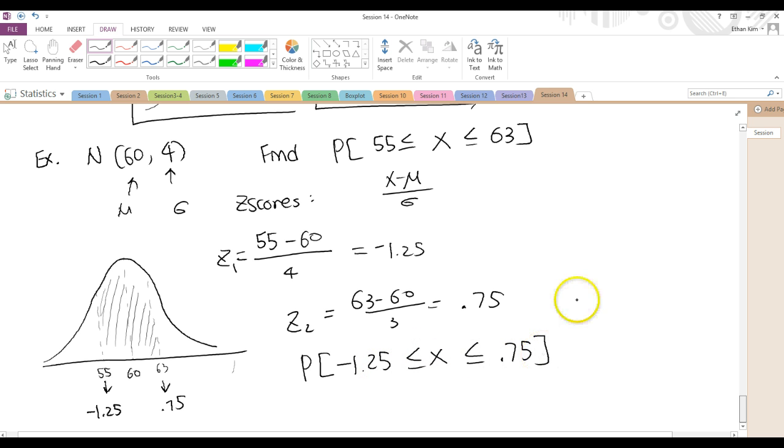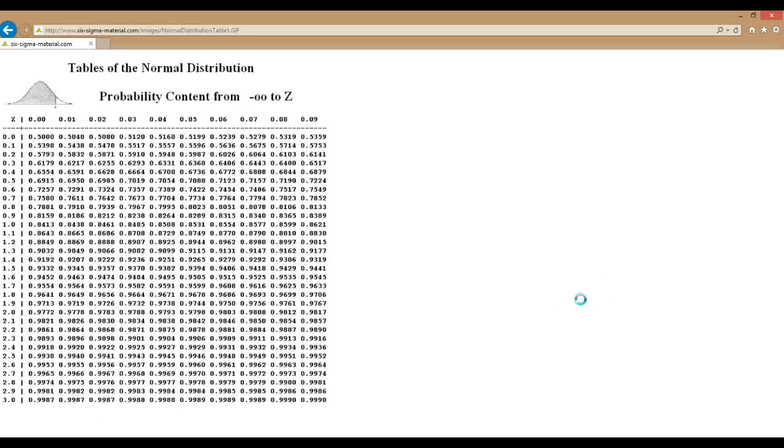Alright, so this is the table that we have, from negative infinity to z. It shows a graph here. These are the z-scores, and the probability here represents everything up to that point, the area up to that point.